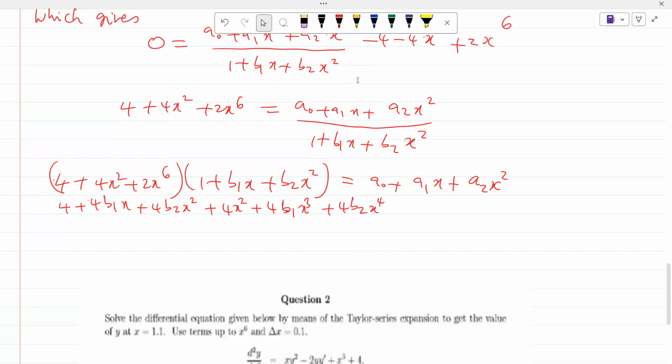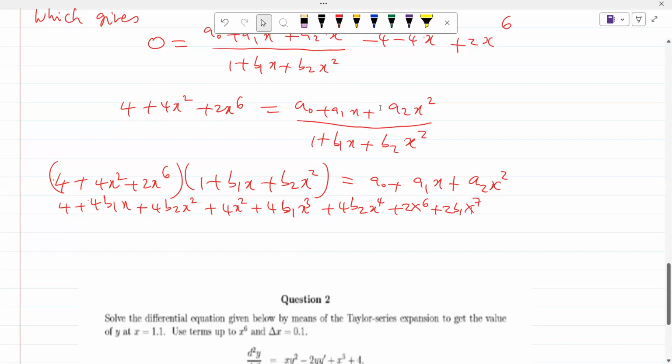We multiply 2x to the sixth power by 1, so you have 2x to the sixth power. And then we multiply 2x to the sixth power by b1, so it's 2b1 x to the seventh power.